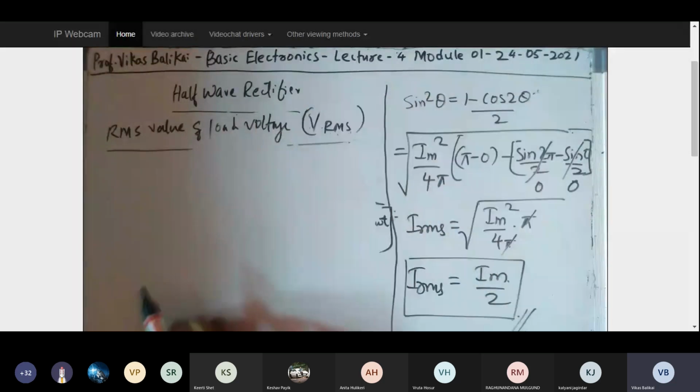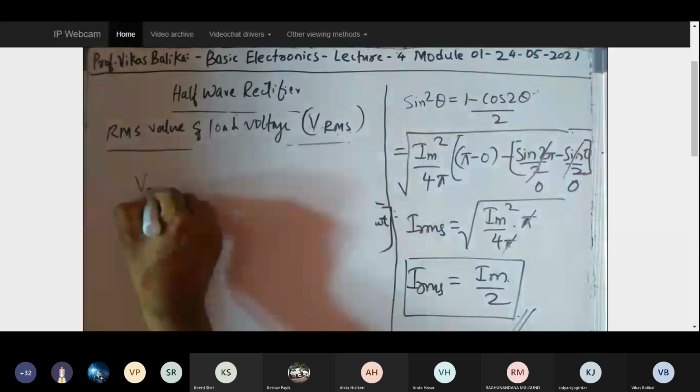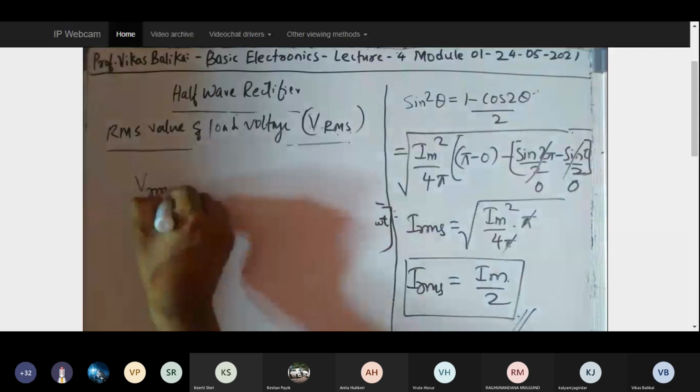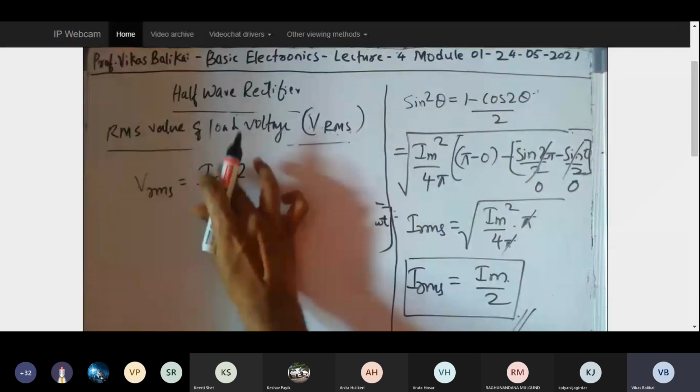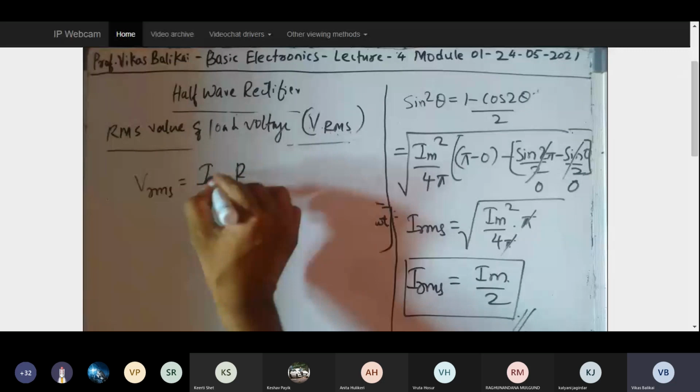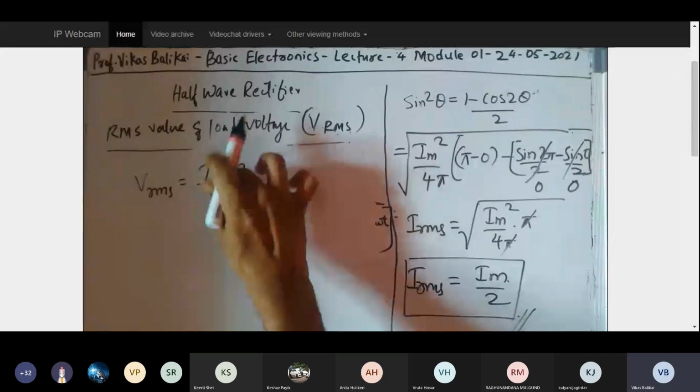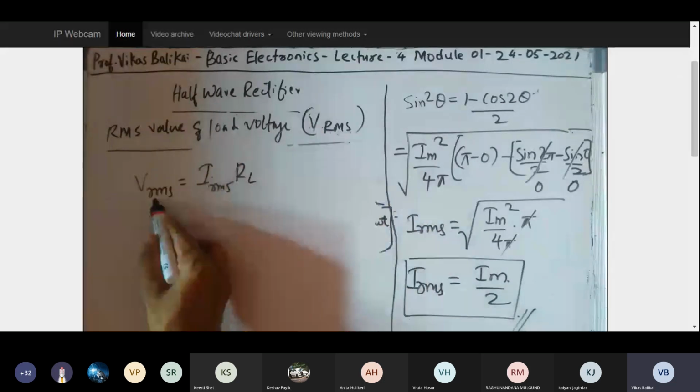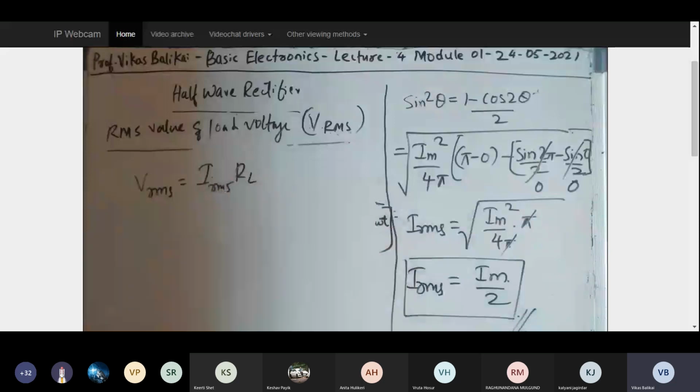So basically VRMS, can I write it as IRMS into RL? Ohm's law: V is equal to IR. Whatever is the subscript, I'm going to take the same subscript. And because there is only one resistor utilized in my entire half wave rectifier circuit, that is RL, RL won't be changing.